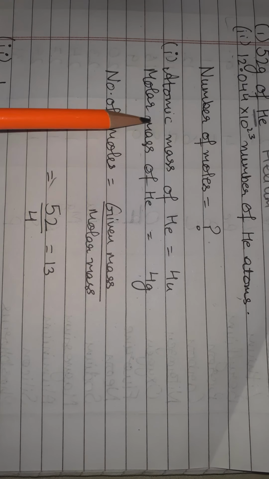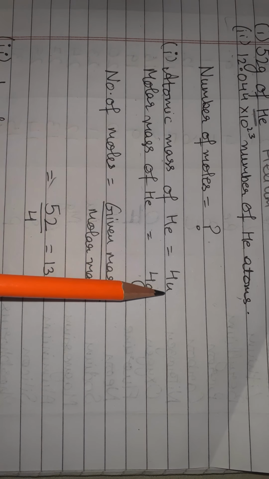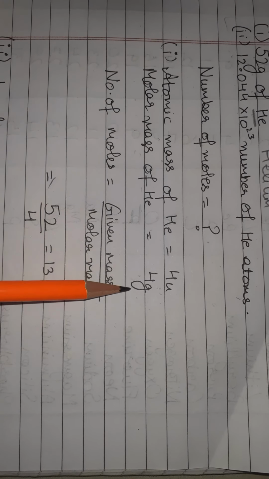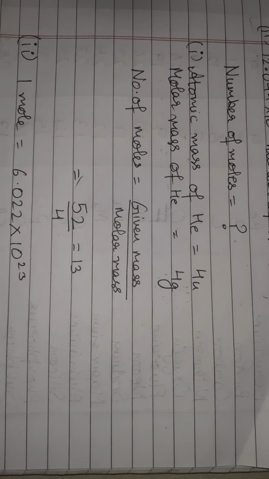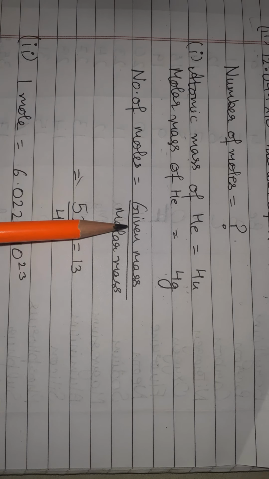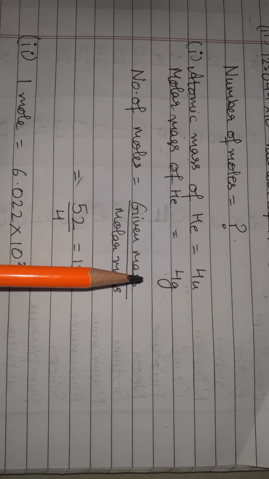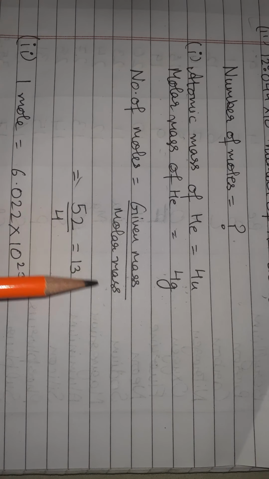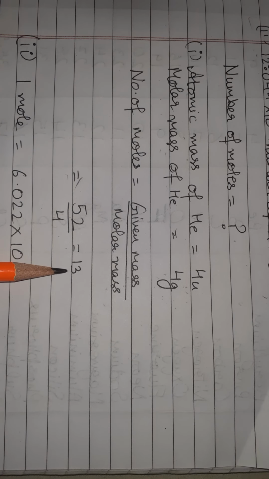As you know, atomic mass is equal to molar mass. In the case of atomic mass we write U as units, and in the case of molar mass we write gram as units. This is gram atomic mass. Now number of moles is equal to given mass upon molar mass. The given mass is 52 gram, given in your question, upon molar mass, that is 52 upon 4, which is equal to 13.